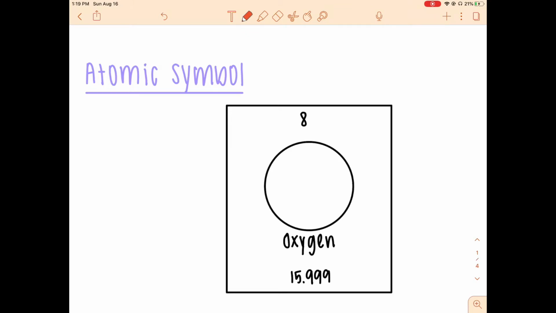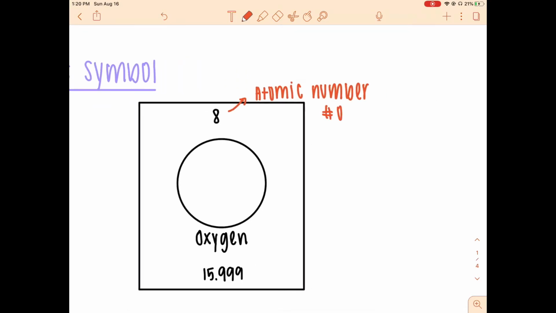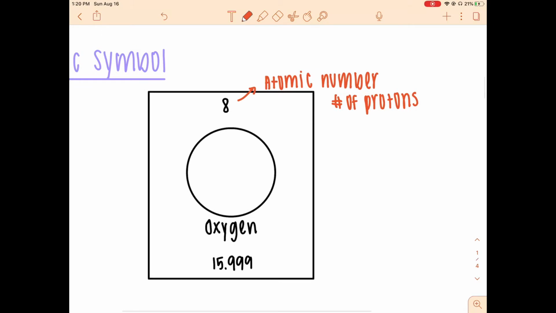If you look carefully at the top, there's the number 8. That is called the atomic number, and it refers to the number of protons that are in the element. This is one of the ways that we organize the periodic table, by the atomic number. And if you notice, that's how the numbers are consecutively increasing.